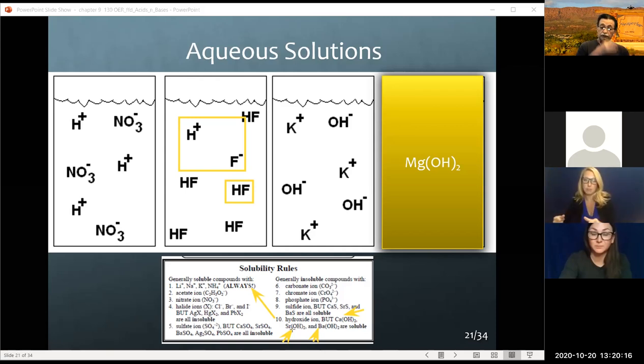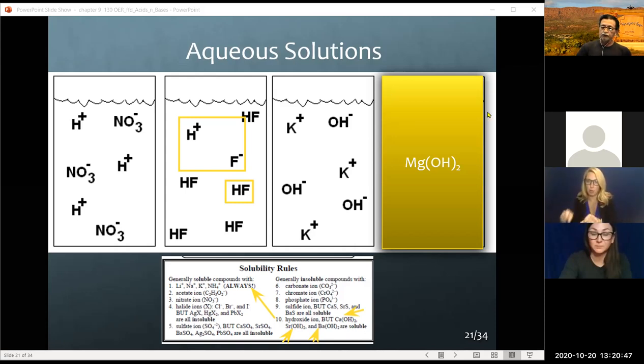So if I had lithium hydroxide, sodium hydroxide, potassium hydroxide, ammonium hydroxide, calcium hydroxide, strontium hydroxide, or barium hydroxide, those would be soluble, which means they'd be strong electrolytes, and I would show them like the potassium hydroxide example. But magnesium is not part of those 7, therefore it is insoluble.